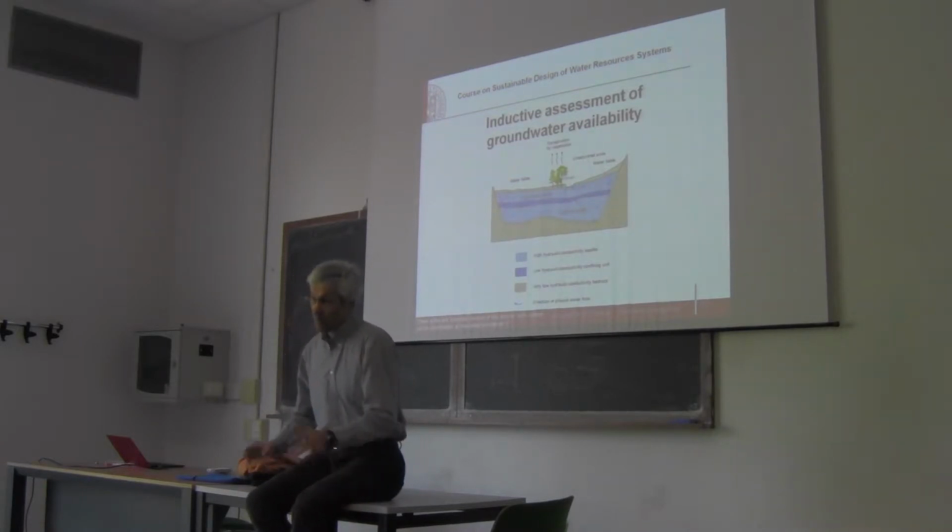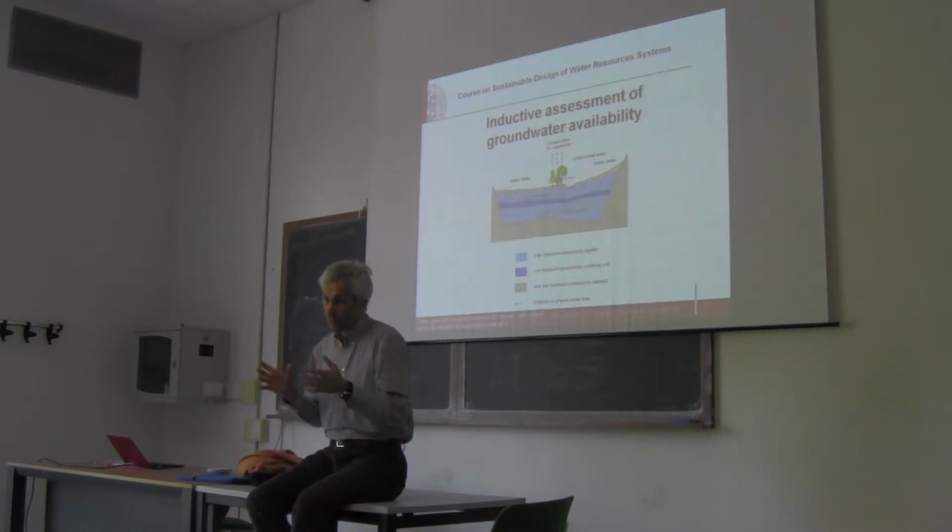But they are also very useful for looking at the groundwater level, at the level of water underground, the level of the so-called water table. When we say water table, we mean the water surface underground.